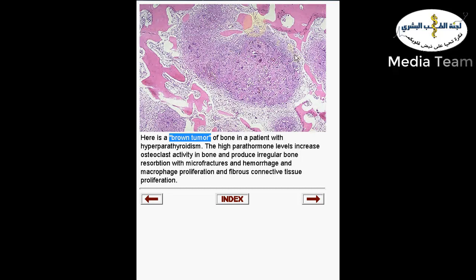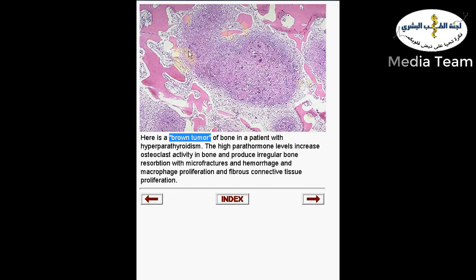If you look here, this is a well-circumscribed nodule composed of osteoclasts, multinucleated giant cells. They are causing fractures here, resorption of the bone trabeculae. The bone trabeculae are fragmented and destroyed because of the activity of the osteoclasts.